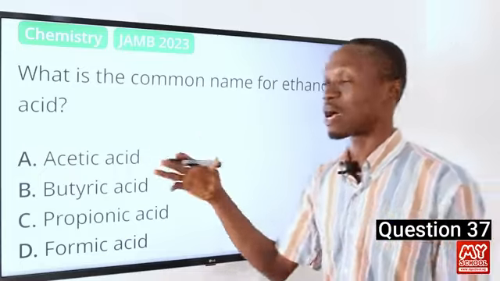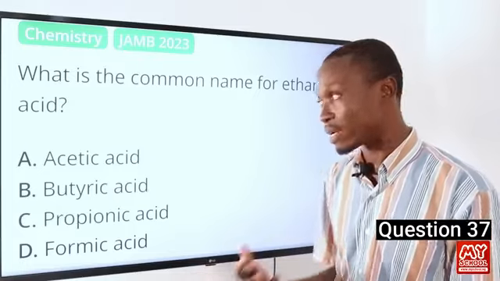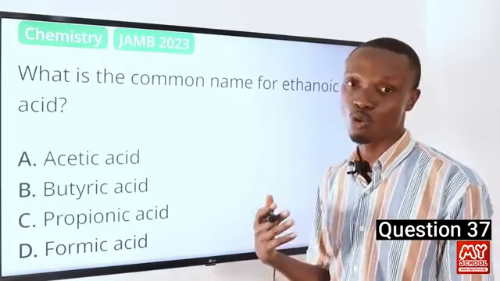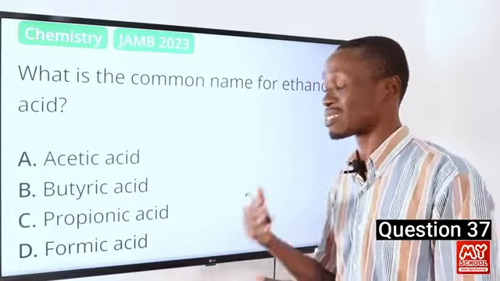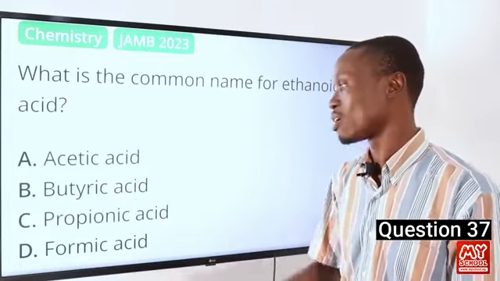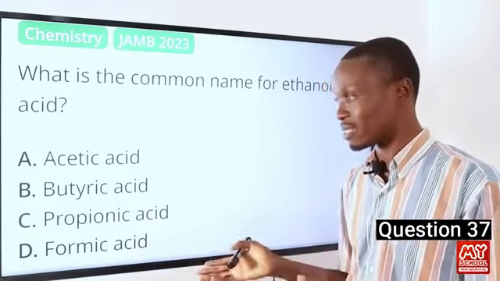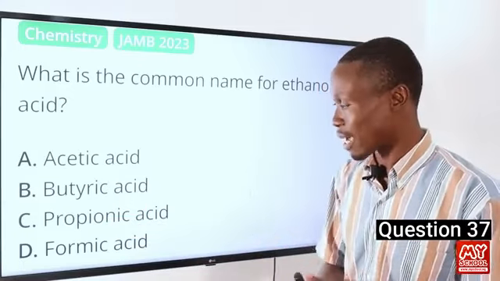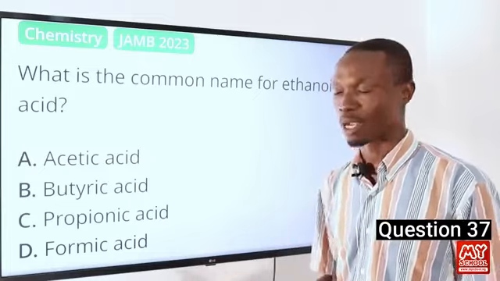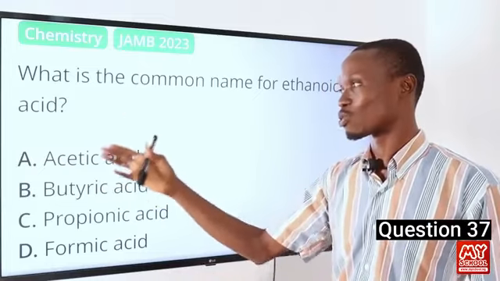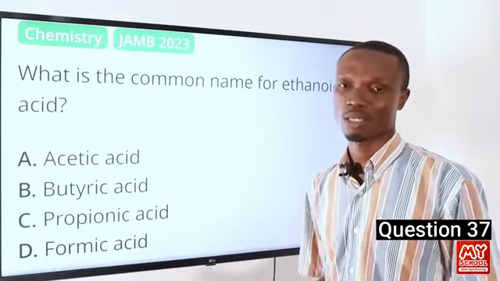Acetic acid has a basicity of 1, and it is also used as a preservative. Butyric acid is the same thing as butanoic acid, propionic acid is the same thing as propanoic acid, and formic acid is the same thing as methanoic acid. So the answer to this question is option A, acetic acid.